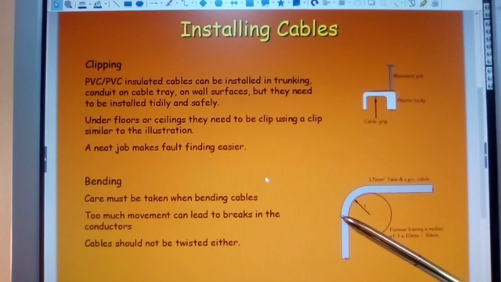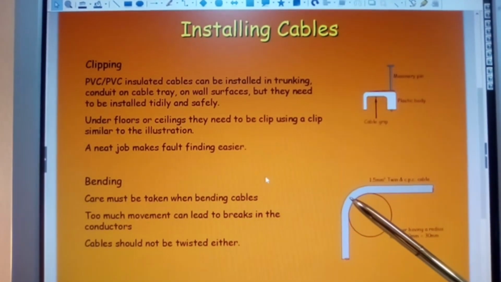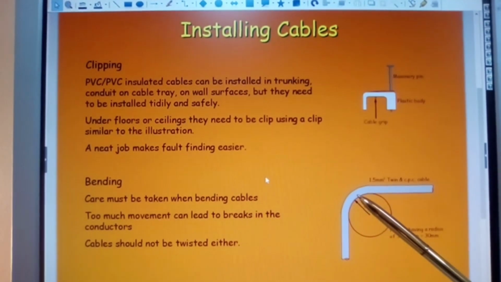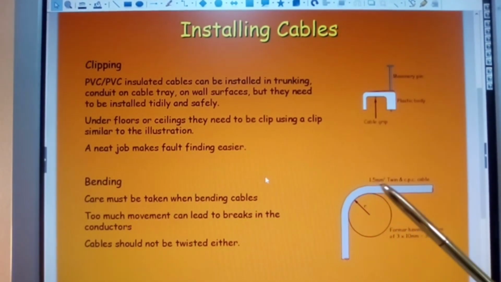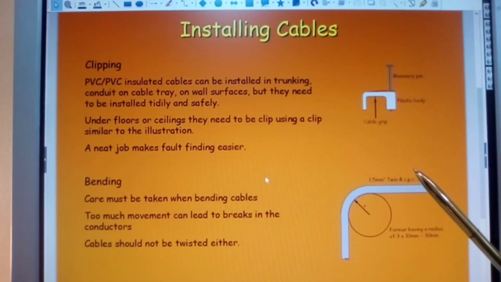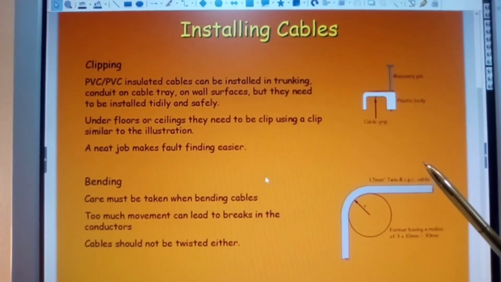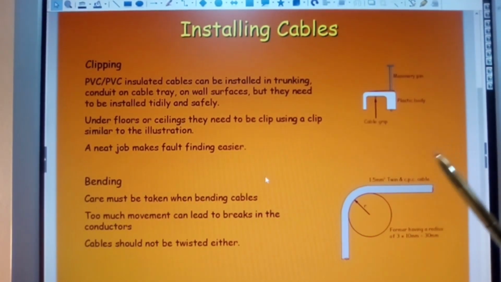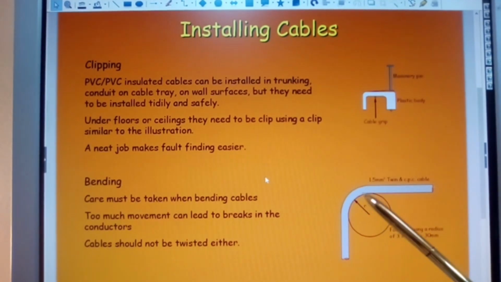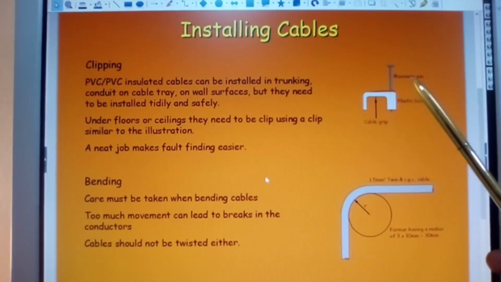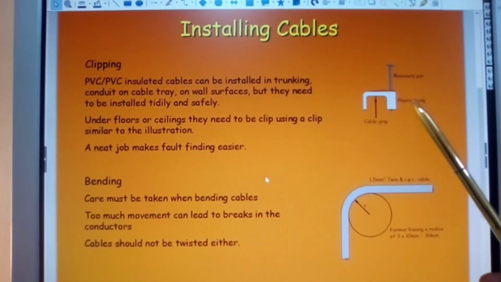The reason for that is that if you bend the cable too sharply, you will cause it to break. These are cable clip masonry pin plastic body.